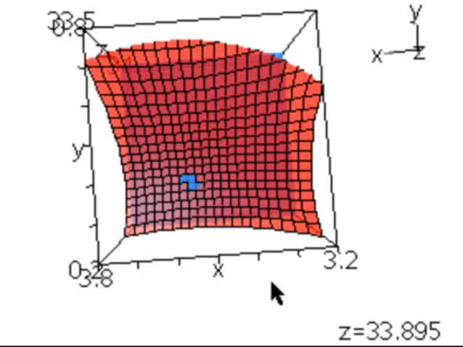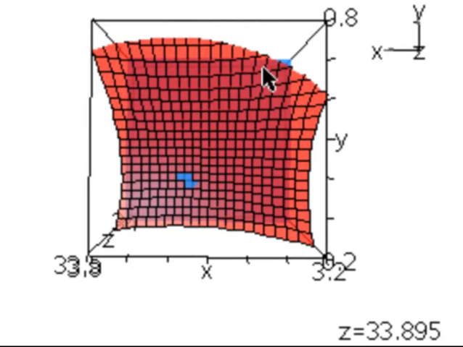So 3.2, 3.3, 3.4, 3.5. It looks like kind of in between these two numbers here, so maybe we say 3.55 for X. Okay, so there's our approximation of this maximum point, 3.55 for X, and 0.4 for Y, and the Z about 33.9.